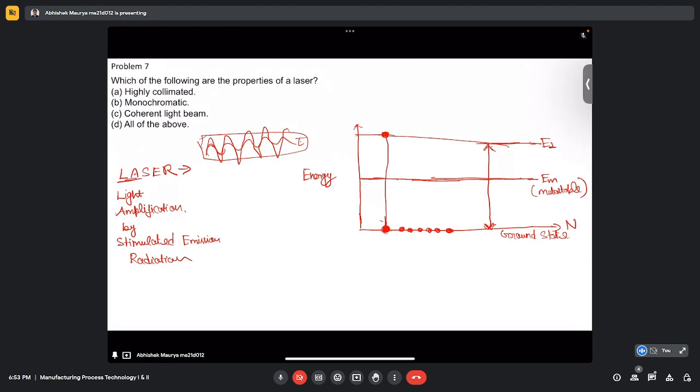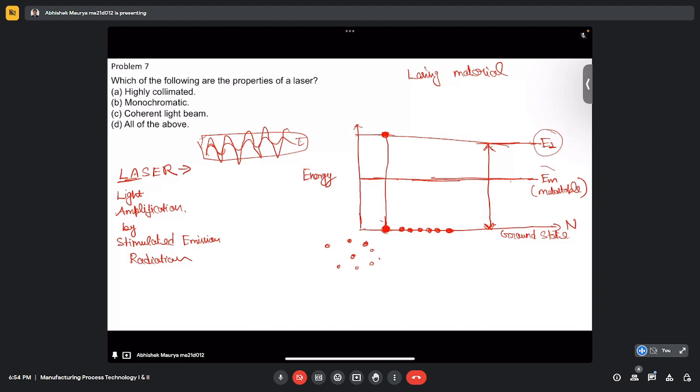First of all, we have some lasing material which has the property that we have an excited state, and in between we have some metastable state. For simplicity, I am taking one metastable state. So first of all, from outside, I provided some light.